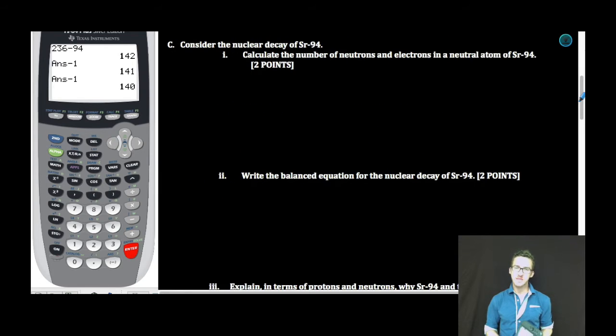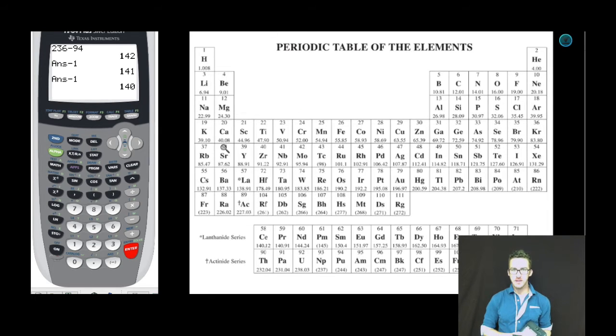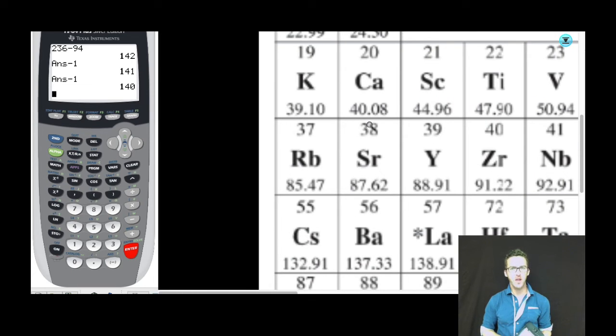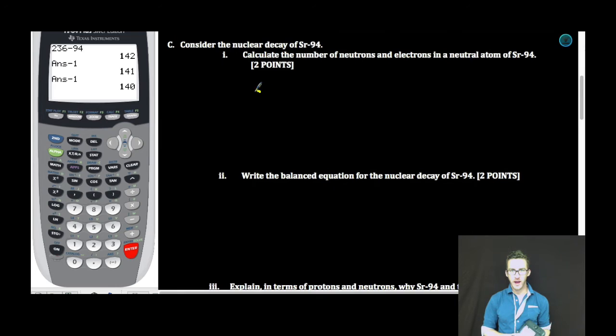Part C, consider the nuclear decay of strontium-94. Subpart I, calculate the number of neutrons and electrons in a neutral atom of strontium-94. I'm gonna head to my trusty periodic table for this. I'm gonna zoom in on my good friend strontium. It has atomic number 38. I'm going to rewrite my nuclide symbol to help me remember my atomic number of 38.